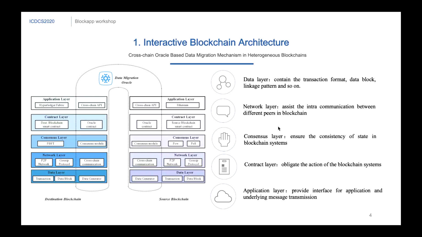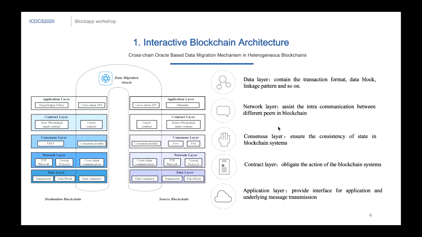Whereas in the destination, the data generator is used to resolve the data package and write it into the blockchain. And the network layer assists the intercommunication between different peers in the blockchain. In order to realize real-time reliable communication, P2P network and gossip protocol are commonly used in the network layer.